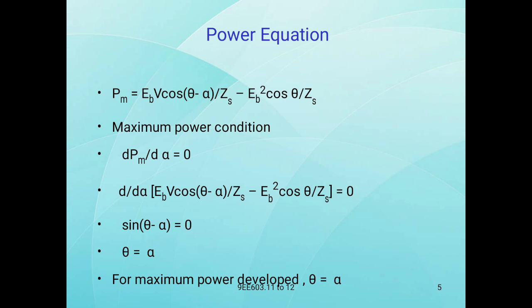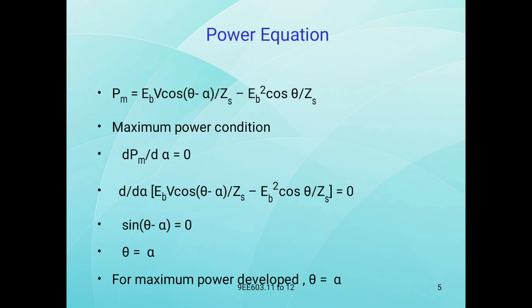Here the load angle varies with respect to the load. So the derivative of power with respect to the load angle, the maximum power condition is dPm by d alpha equal to 0.